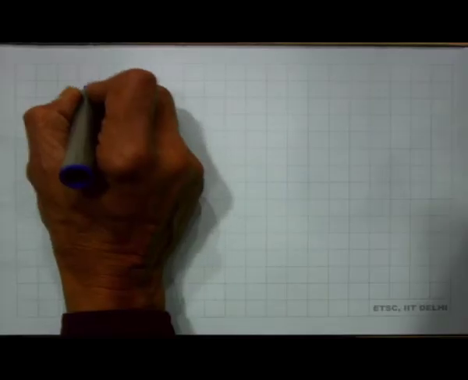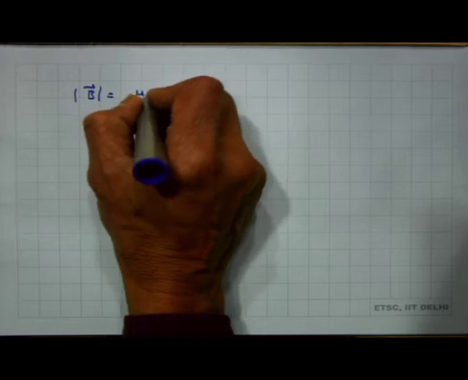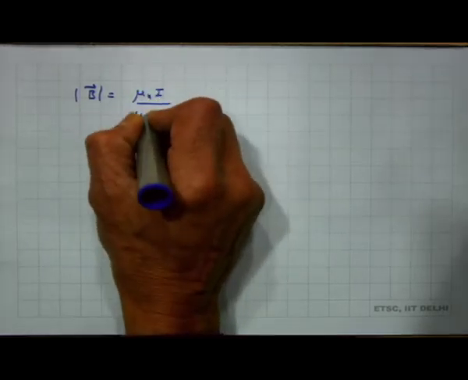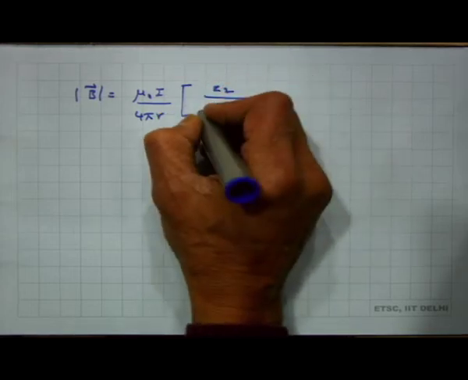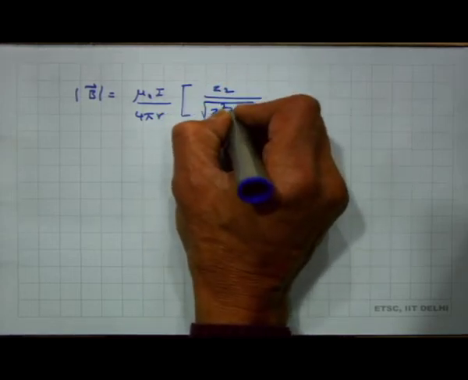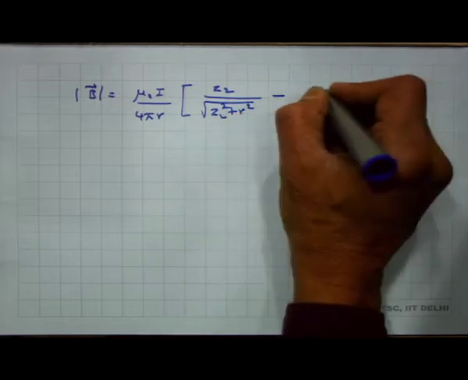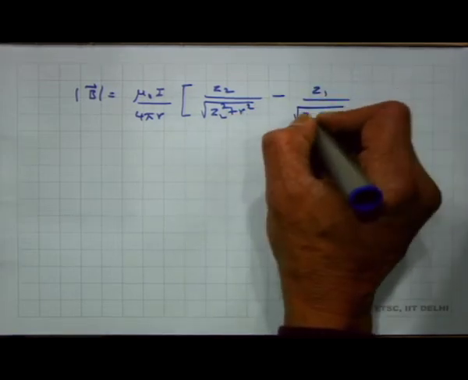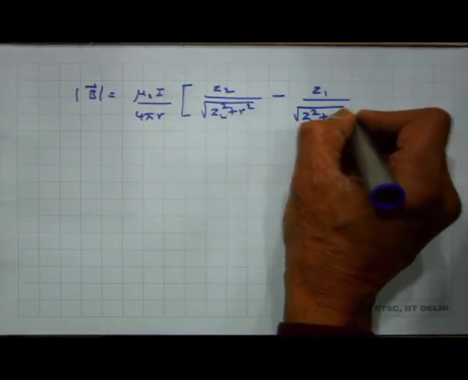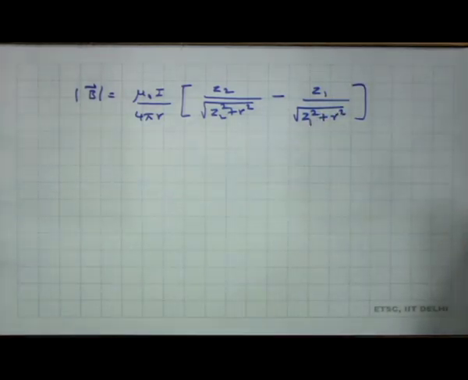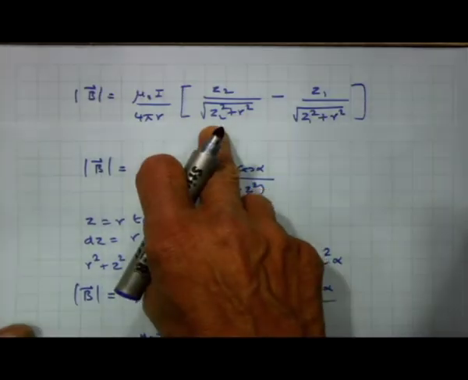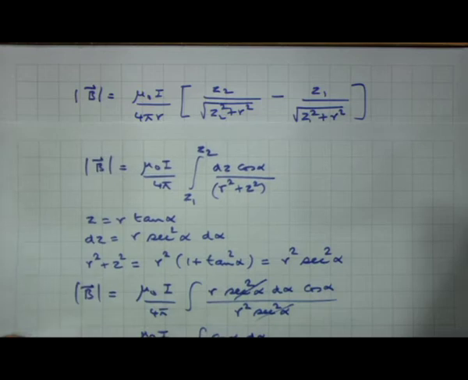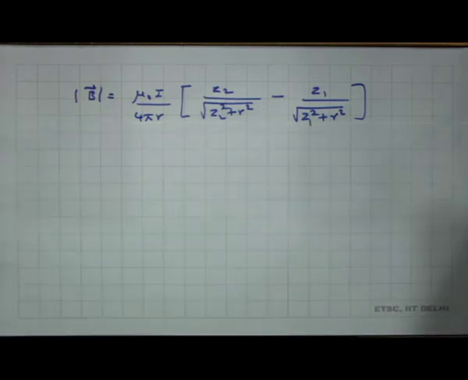So, magnitude of B vector is equal to mu naught I by 4 pi r into Z2 by square root of Z2 square plus r square minus Z1 by square root of Z1 square plus r square. So, I have just replaced sin alpha 2 by Z2 by square root of Z2 square plus r square, and sin alpha 1 by Z1 by square root of Z1 square plus r square.